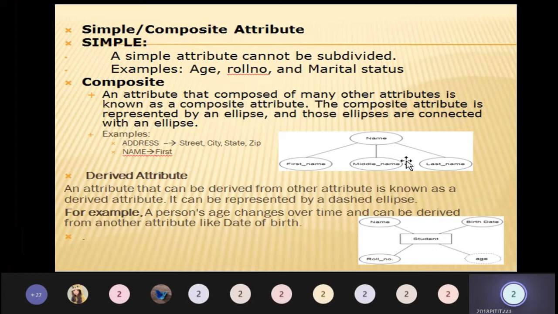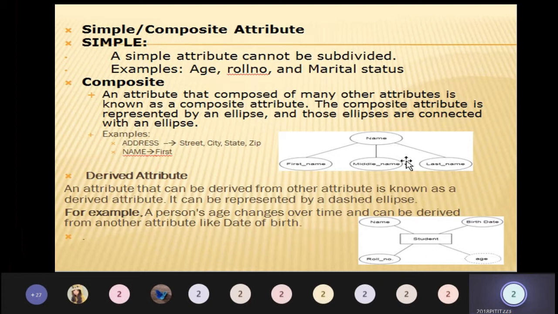Suppose we are taking any attribute from the main student table. In that student table, age is one of the attributes. So age cannot be subdivided.